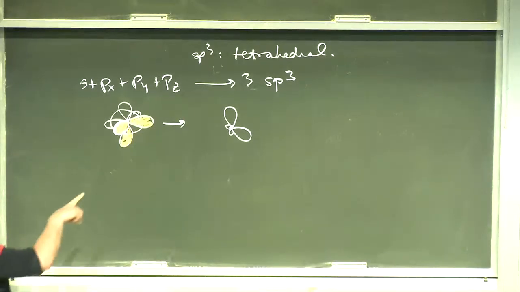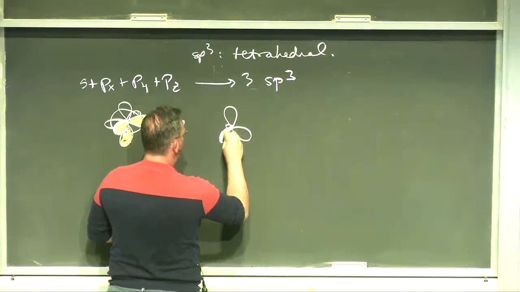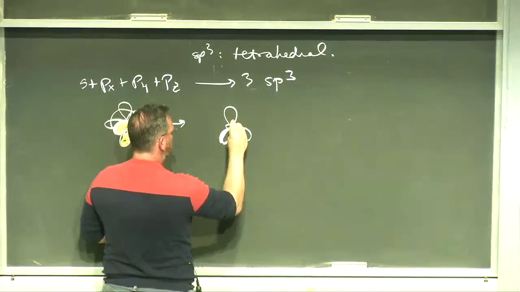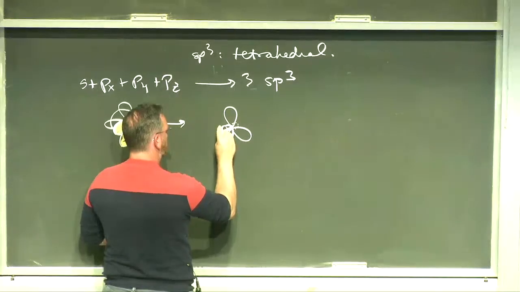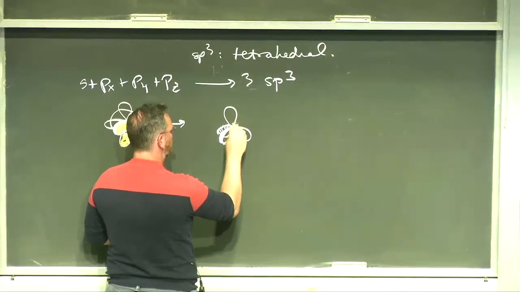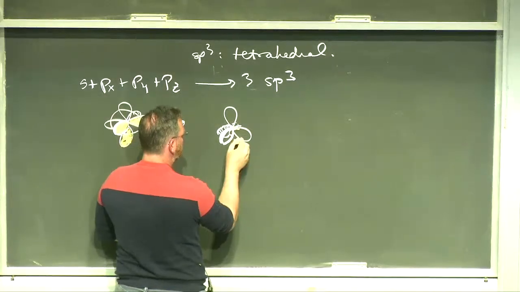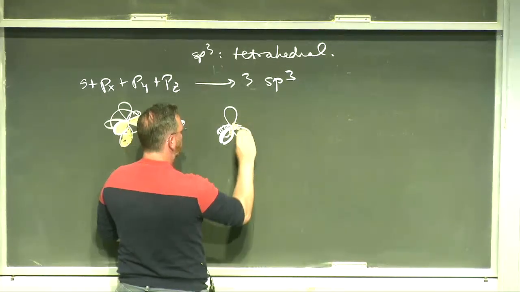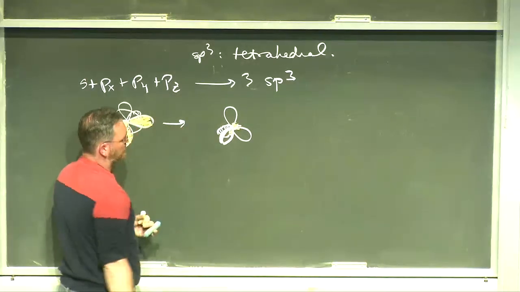All right, so here's your 2 that are in the plane of the paper. And we get 1 coming out and 1 going back. And our little lobes are all going to be shaded in. There's one back there somewhere.